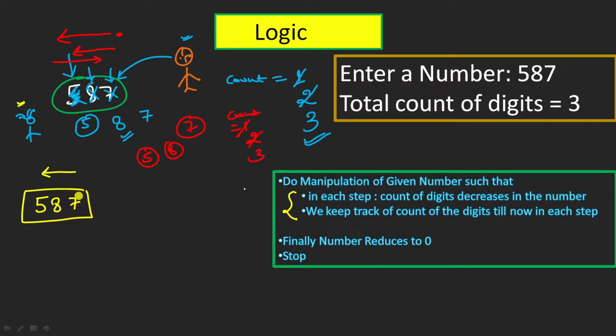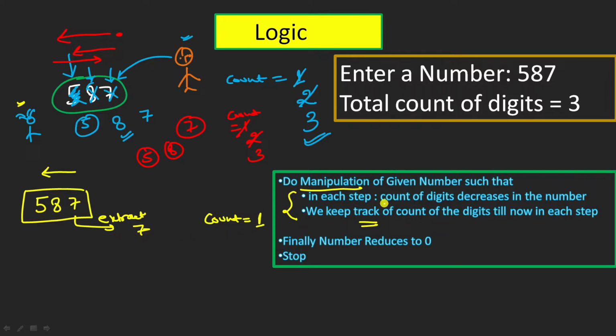In the program, you have to do some manipulation on this number 587 in such a way that you extract 7 from it. As soon as you get this 7, you keep track of how many digits you have got till now. So you take a counter variable and say now I have got 1 digit.